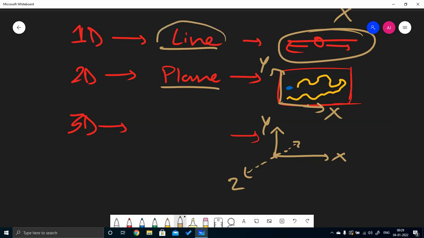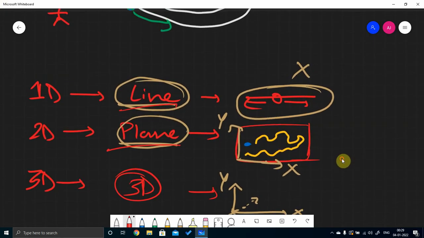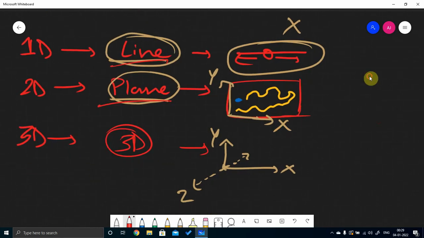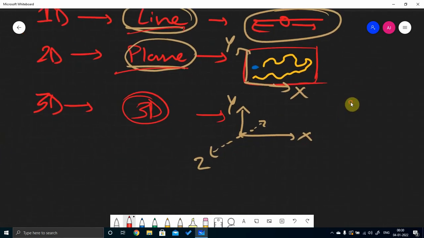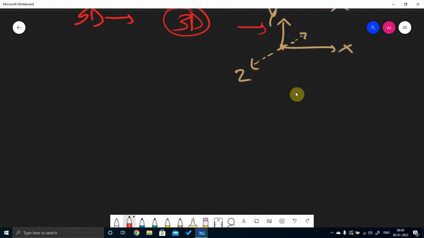So now this is a line, this is a plane, and this is 3D, whatever. So far we have discussed rest and motion being relative terms, and also what 1D, 2D, and 3D motions basically mean, right?